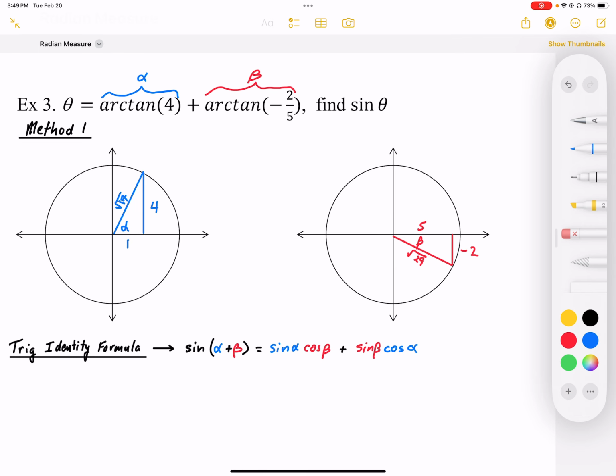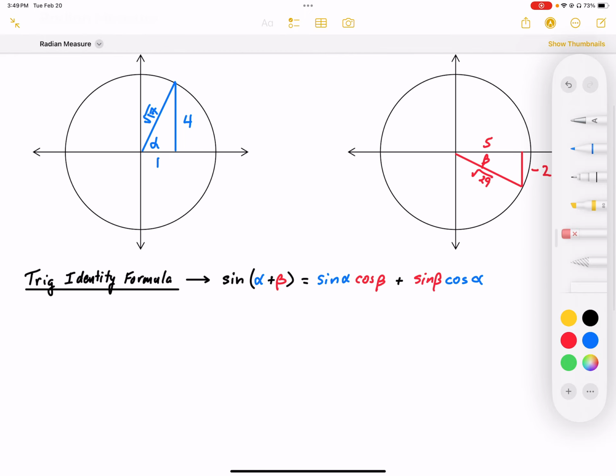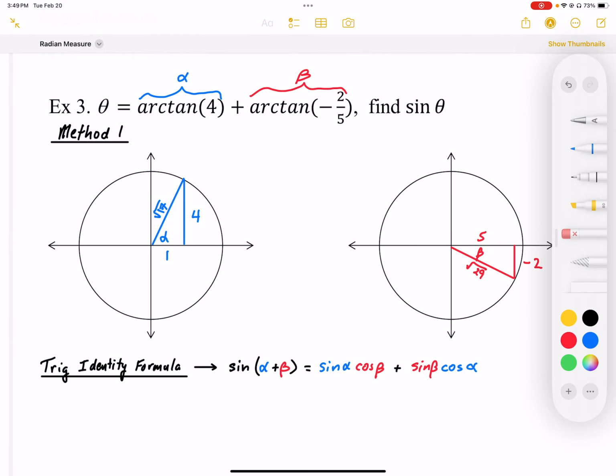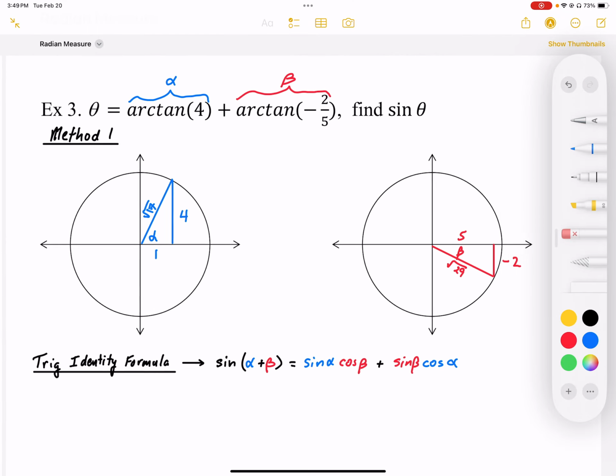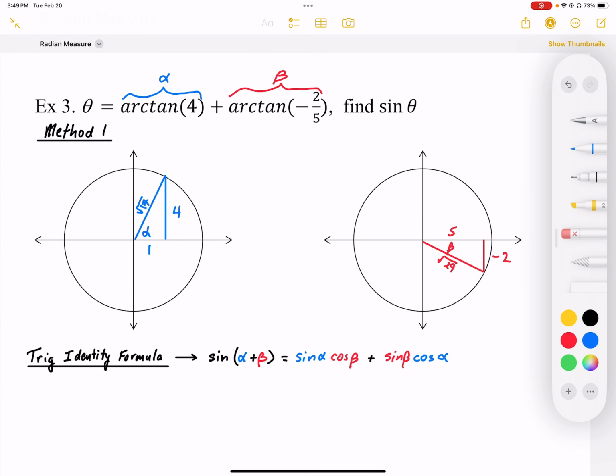Now, the reason why this is particularly difficult is because we have to find the sine of the two angles put together, which is very complicated. So we're going to need some help here, and our help comes through a trig identity formula. There's a formula that allows me to add two angles together and find the sine of the sum of those two angles.